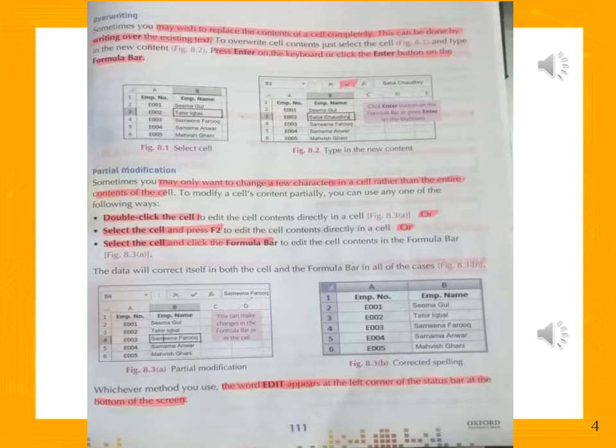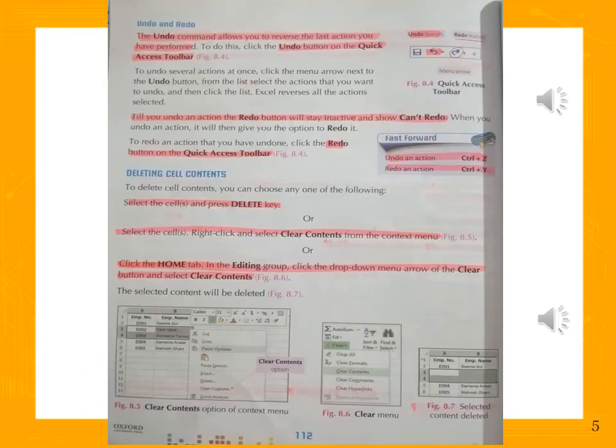After selecting the cell, you have to press F2 key from the keyboard to edit the cell content directly in the cell. The third one is select the cell and click the formula bar. Formula bar, you know very well. You have to click on the formula bar to edit the cell contents in the formula bar.